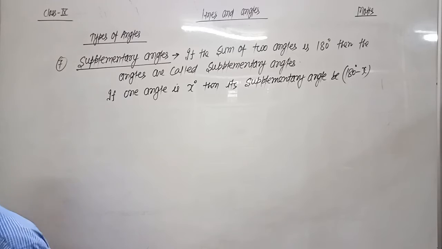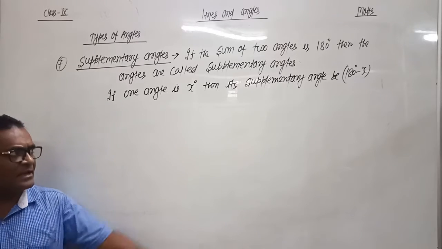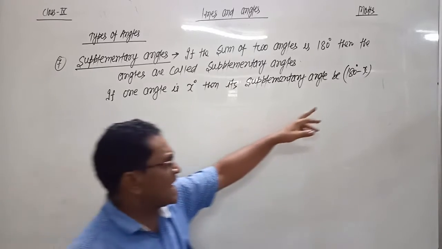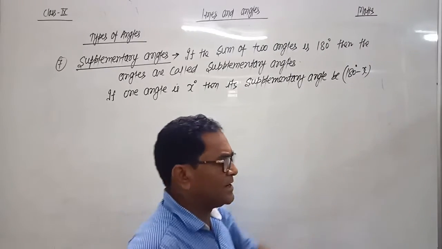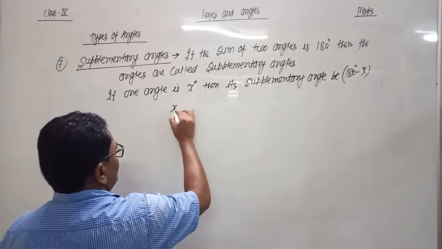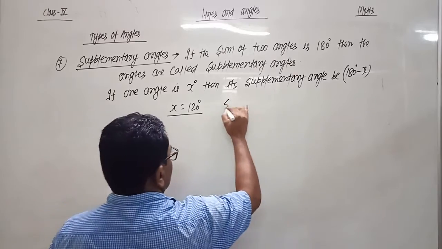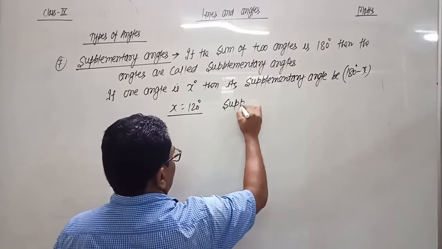If one angle is given and we have to find its supplementary angle, then we subtract the angle from 180 degrees. Suppose you are given x equals 120 degrees and you have to find its supplementary angle.